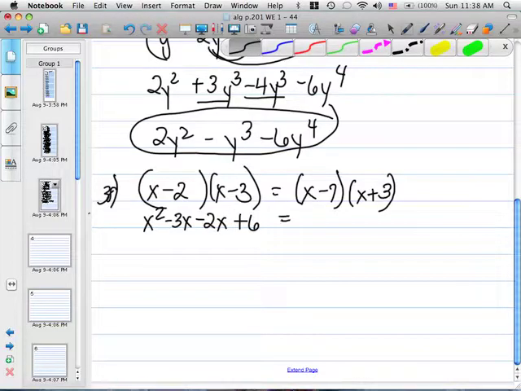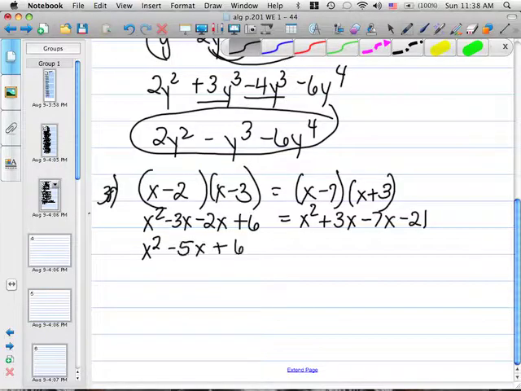Come over here and do the same. x squared, outer, plus 3x, inner, minus 7x, last, negative 21. Remember, simplify first. So that's x squared minus 5x plus 6 equals x squared minus 4x minus 21.